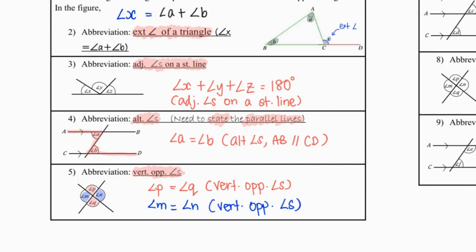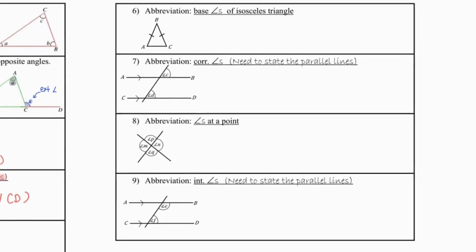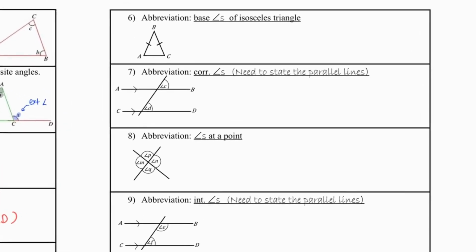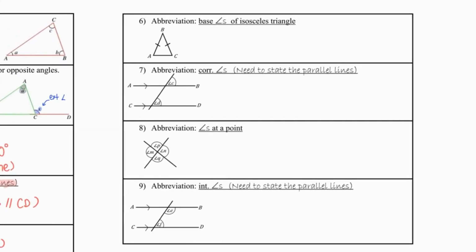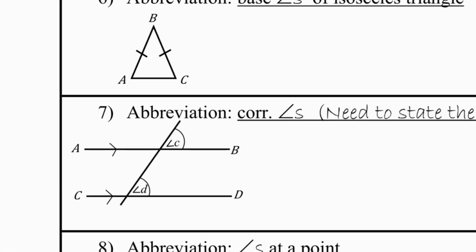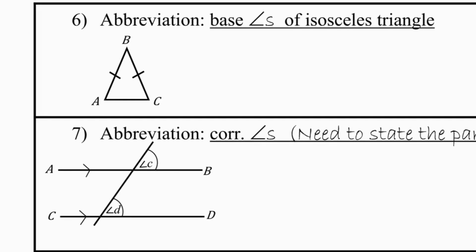Let's move on to 4 more properties that we can use for this topic. Base angles of isosceles triangles simply mean that this is the base of an isosceles triangle, and the base angles are the highlighted ones.